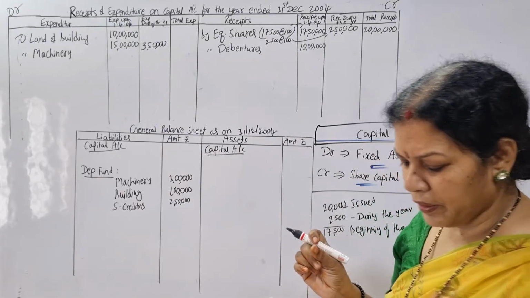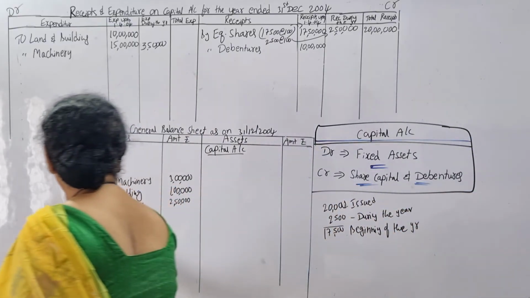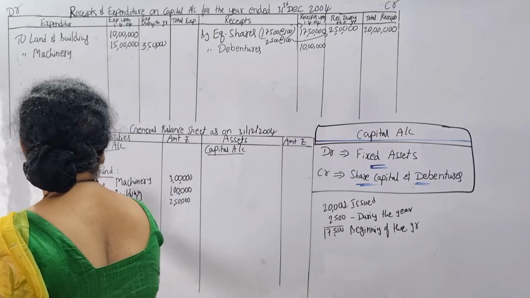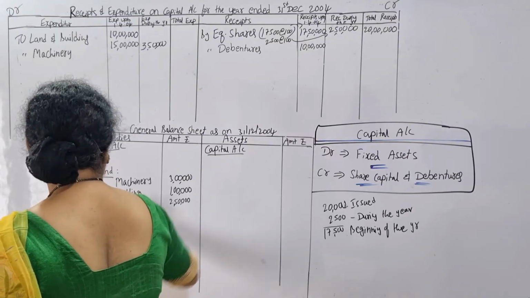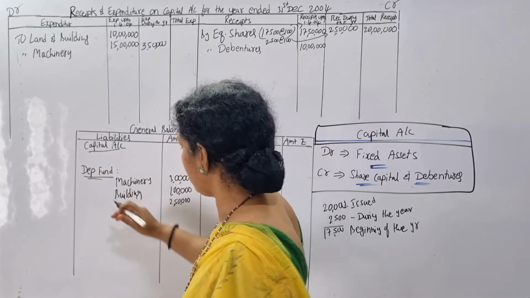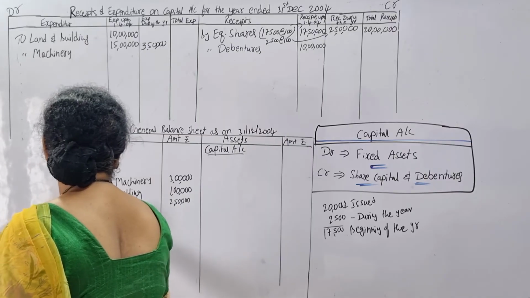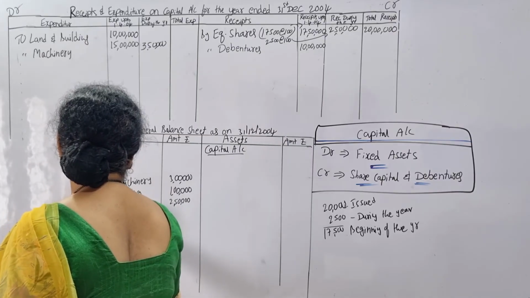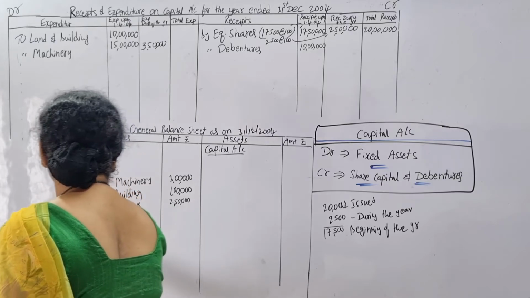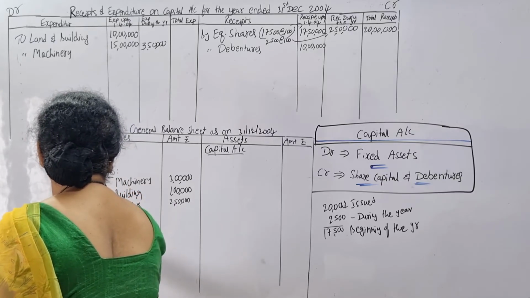Next one, reserve fund. Sundry creditors, we can write it openly because it comes under the depreciation fund.